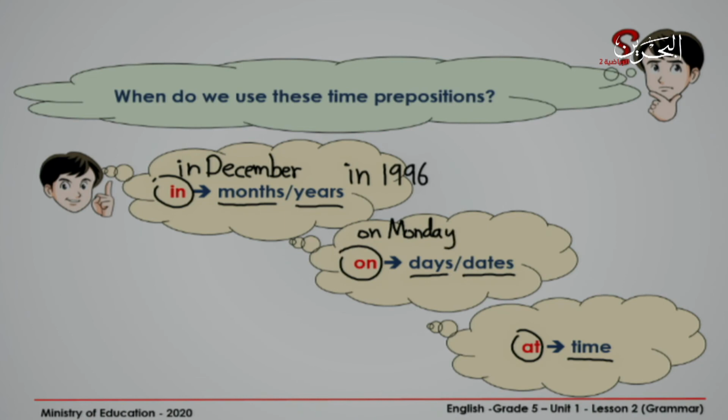For dates you can say on the 20th of July. And for at, you can use it for time by saying at 10 a.m. Is it clear? Okay, now let's move on.